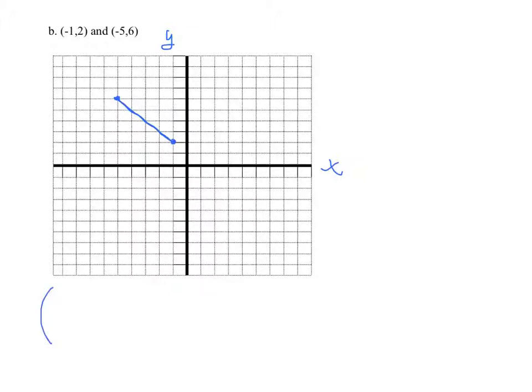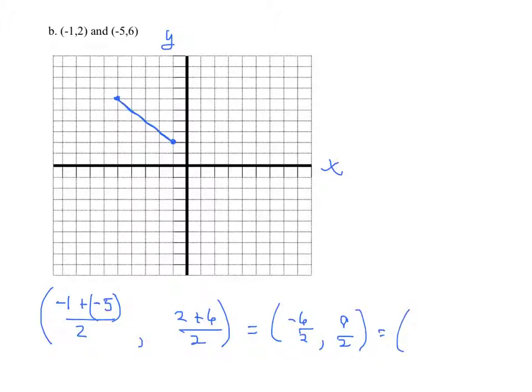We're going to average the x's, add them up, and divide by 2. Average the y's, add them up, and divide by 2. So this will be negative 6 over 2, comma, 8 over 2. Negative 3, comma, 4. Ooh, I did a good job on that one. (-3, 4) is the midpoint.